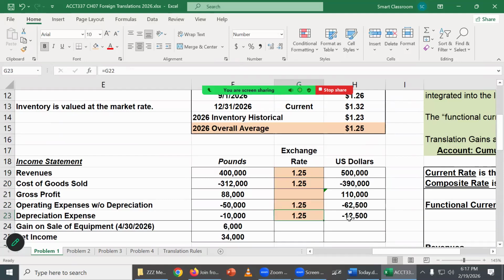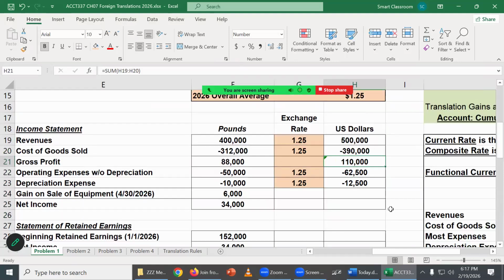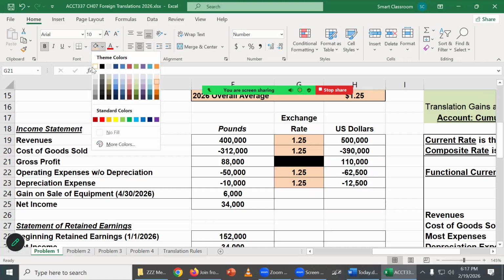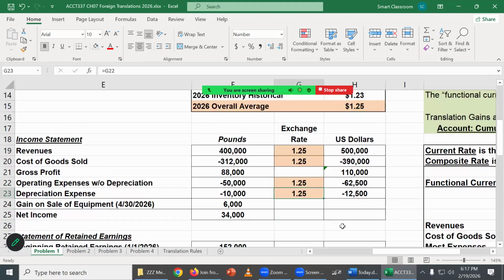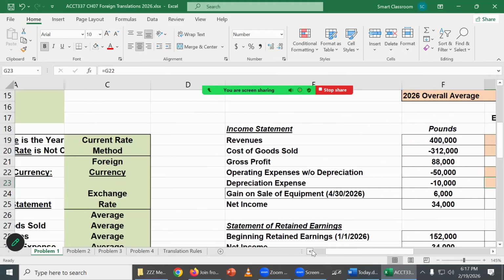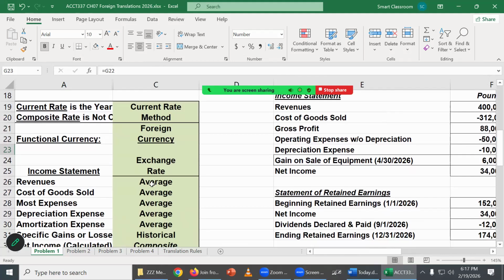So our gross profit is 110, and that's in US dollars. The operating expenses without depreciation are that, and depreciation is the same. And again, we're doing that because it tells us to do that over here. Pretty much everything goes in at average for this current method.